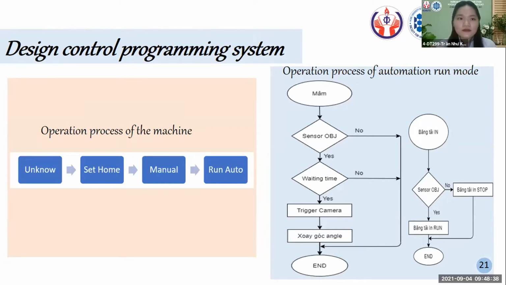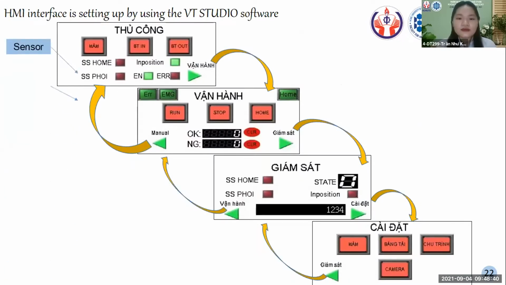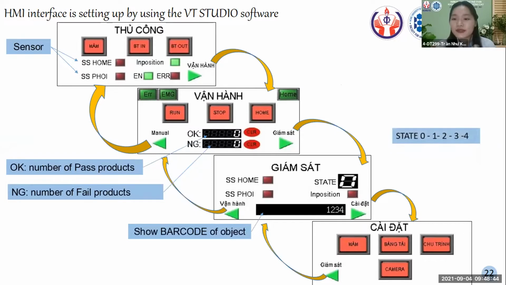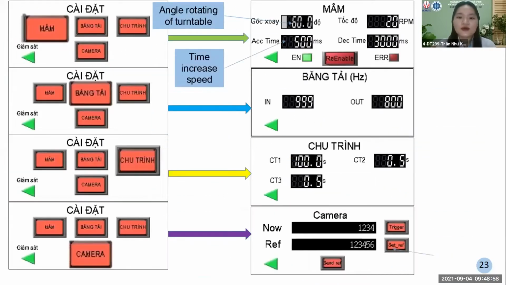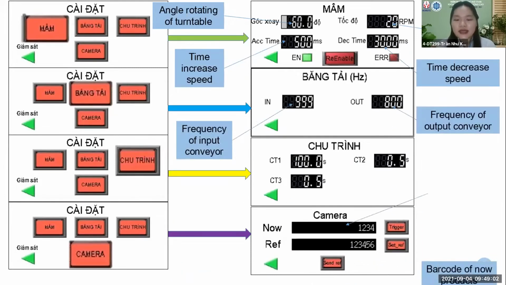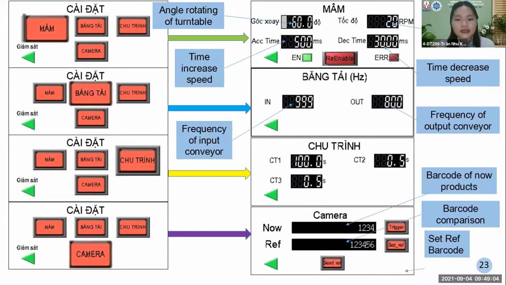So that users can control and set parameters more easily and conveniently, I designed the HMI interface using VT Studio software. This is the setting interface, designed with specific adjustable parameters.